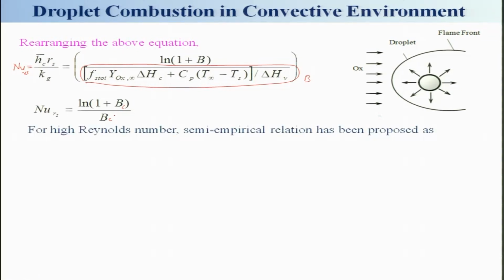So, for high Reynolds number we can plug in some of the relations from heat transfer into this, and develop a semi empirical relation which has been proposed as Nu Rs equals ln 1 plus B divided by B, and as I told you, for combustion, times 1 plus 0.39 Prandtl number to the power 0.33 and Reynolds number based on Rs to the power 0.5.